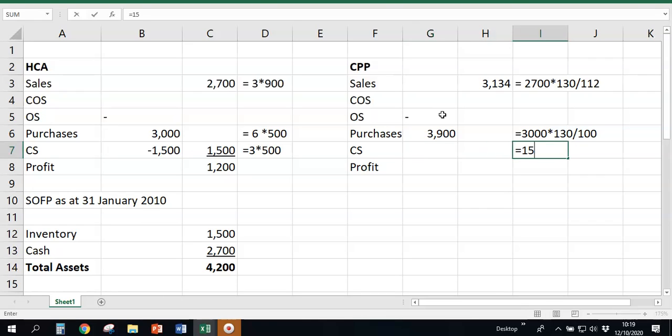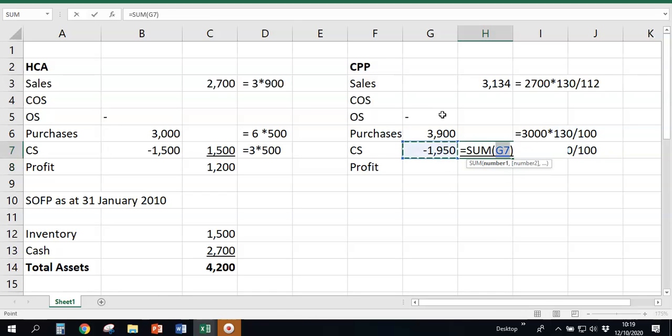It's going to be half that because you have 3 assets left in inventory times 130 over 100. So that, if I put it here, 1500 times 130 over 100 is $1950, and that's of course going to be a minus because you're taking off closing inventory.